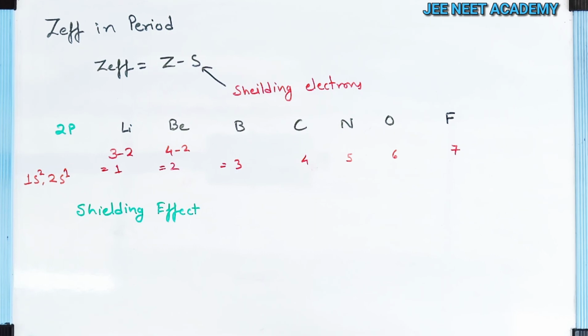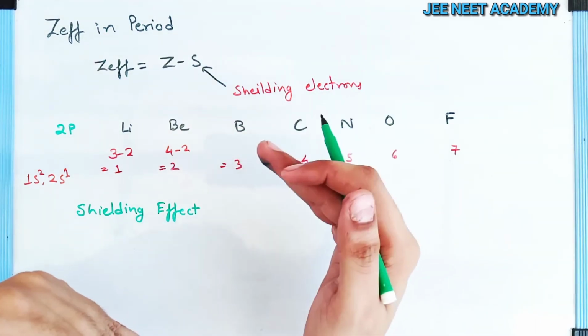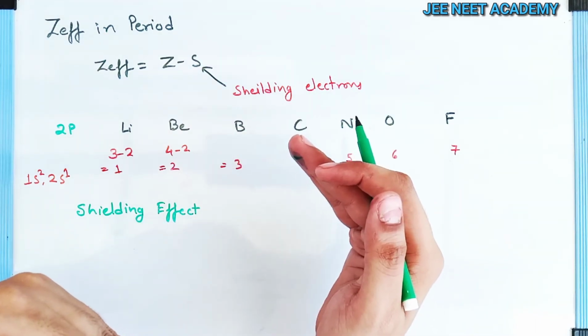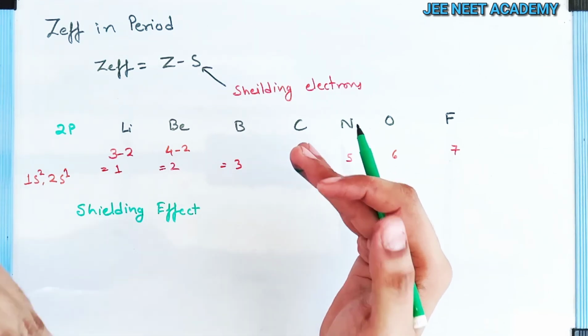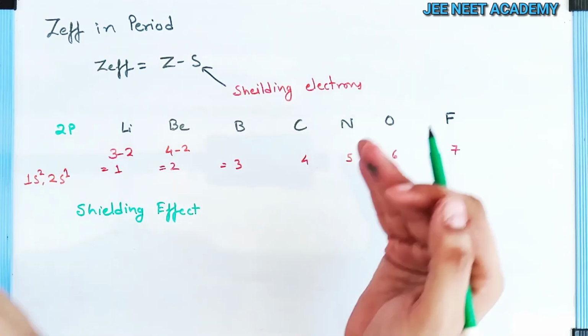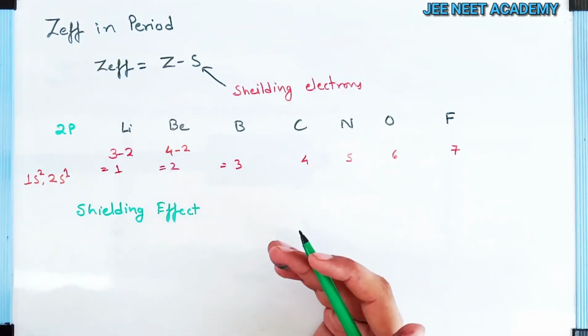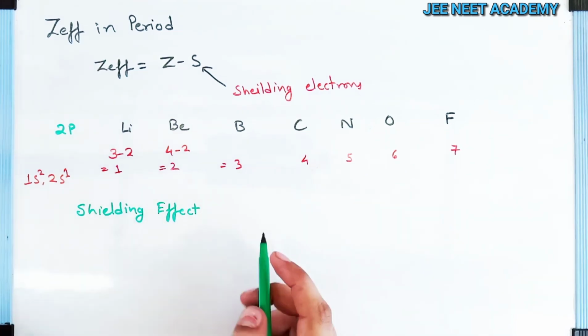So these inner electrons, inside the outermost orbit, create a shield between the outermost electron and the nucleus. This effect is called the shielding effect.